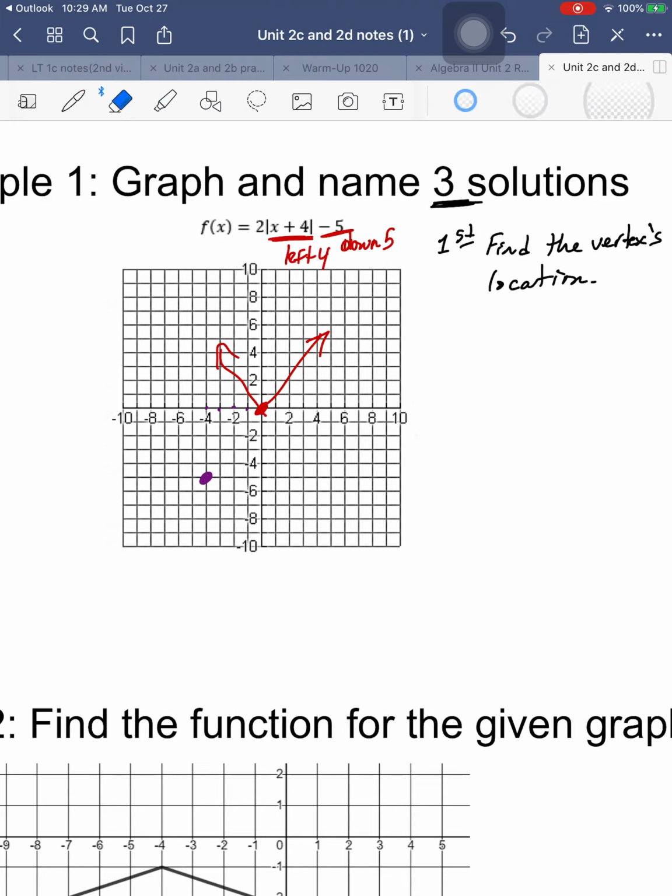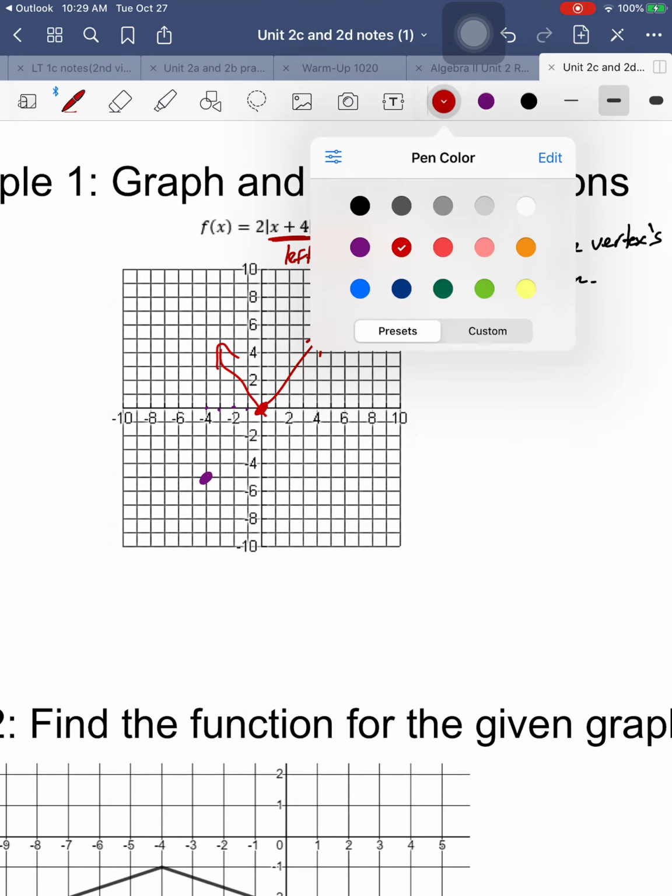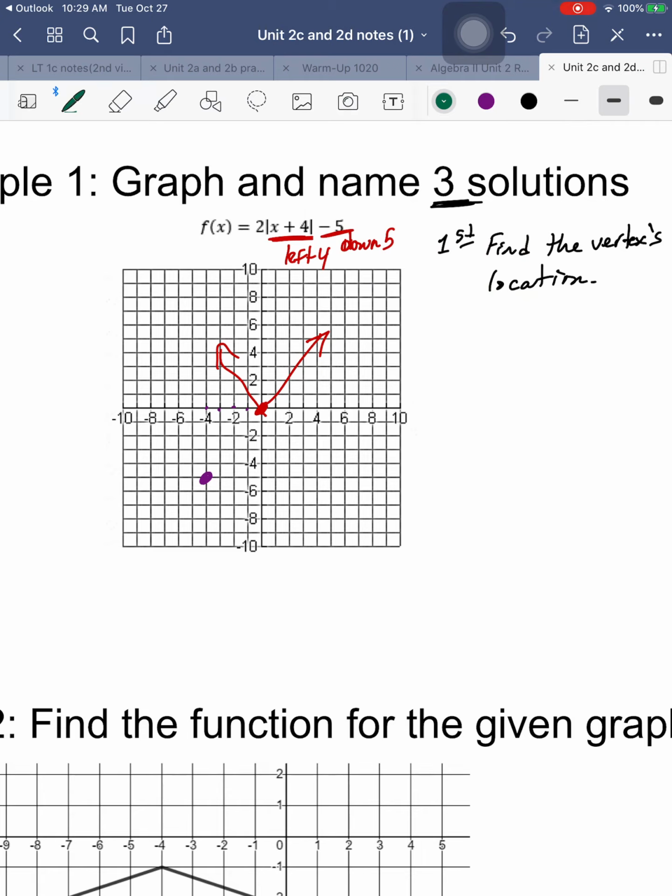Now the next thing we're going to do is look at the dilation, the scale factor. We would look at it as rise over run, from Algebra 1, as a slope.